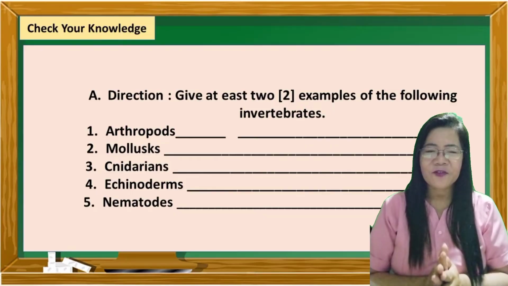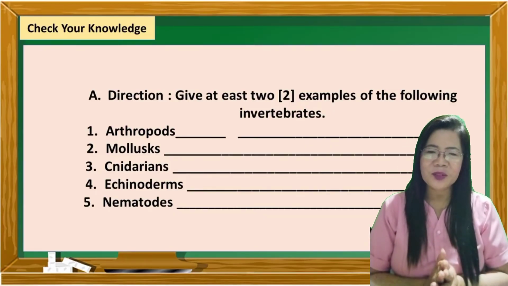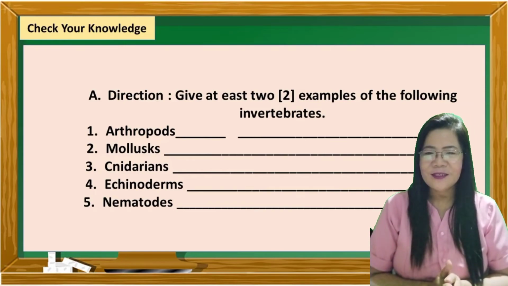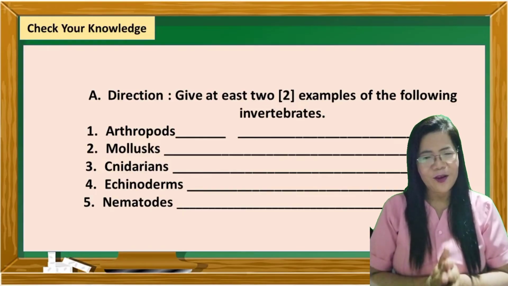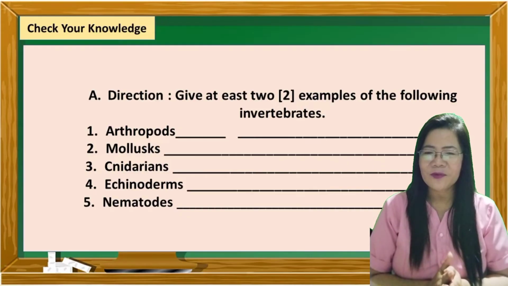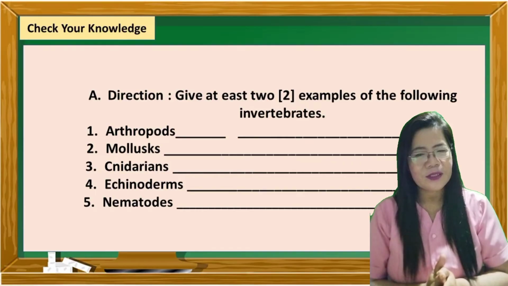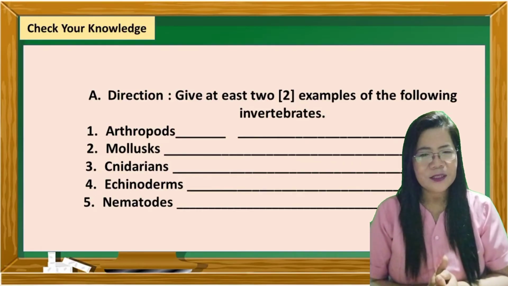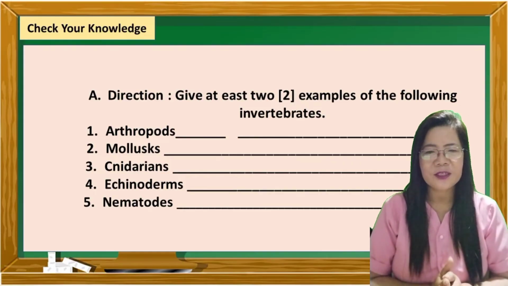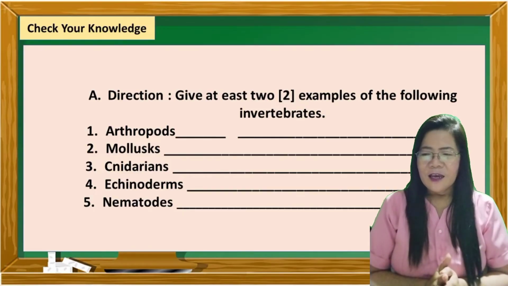To check if you really understand our lesson about the different groups of invertebrates, which are arthropods, mollusks, cnidarians, echinoderms, flatworms or platyhelminths, nematodes or roundworms, segmented worms, and sponges, just read the direction.